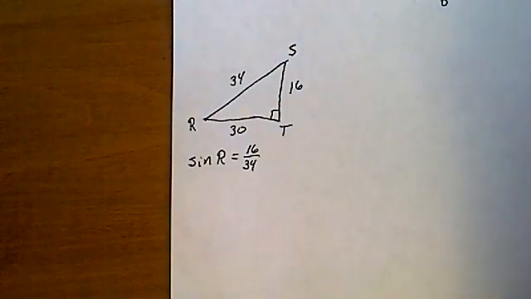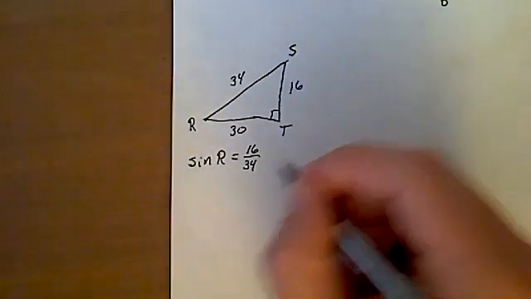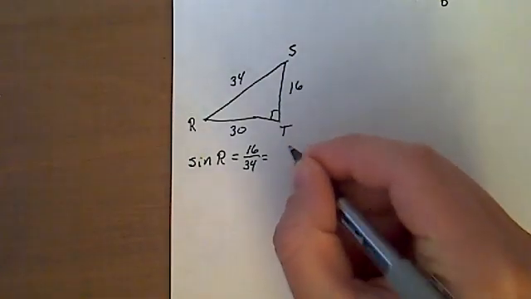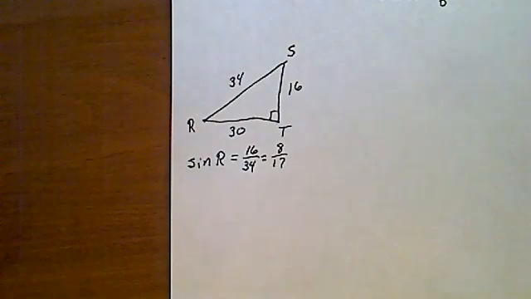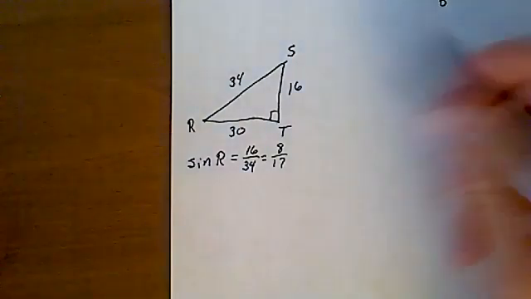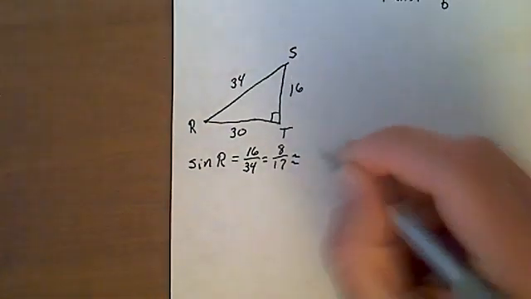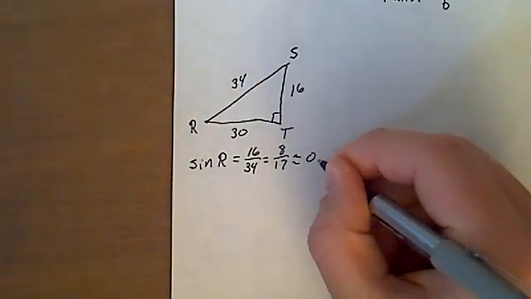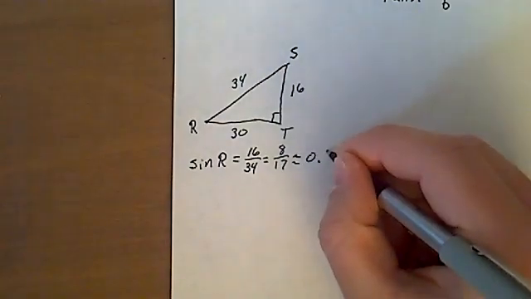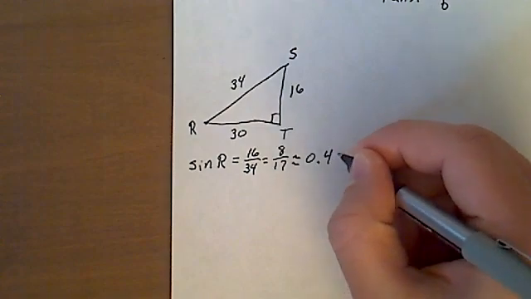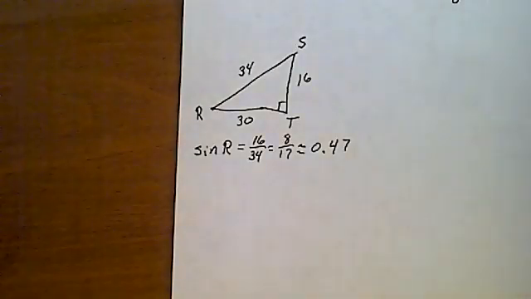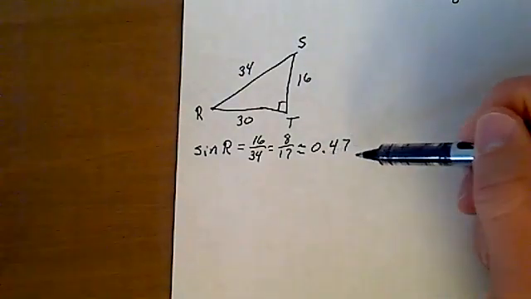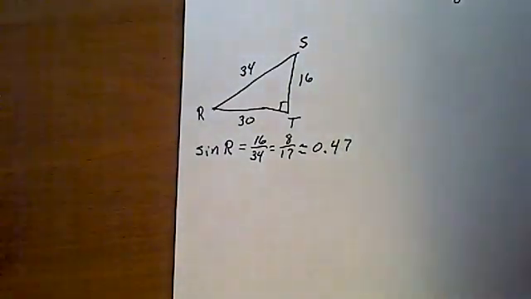Both 16 and 34 have a common factor of 2. And so we get 8/17. As a decimal it is about 0.47. Oftentimes it's going to ask to the hundredth, so that's 2 places after the decimal place, right?